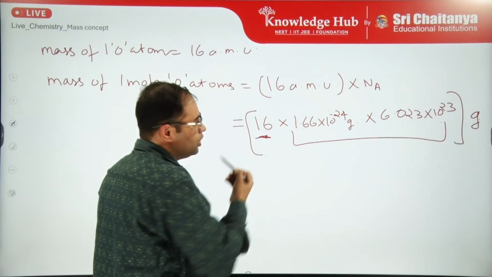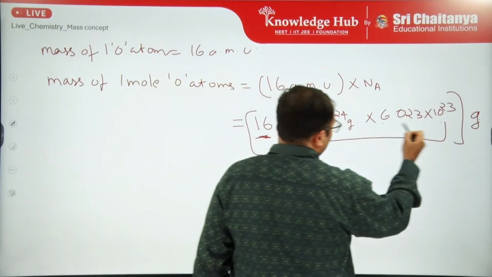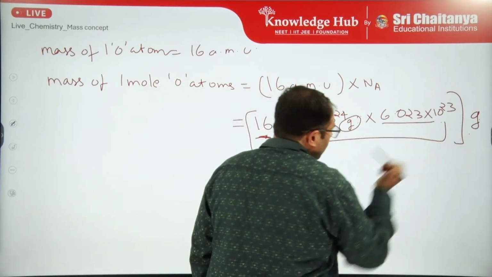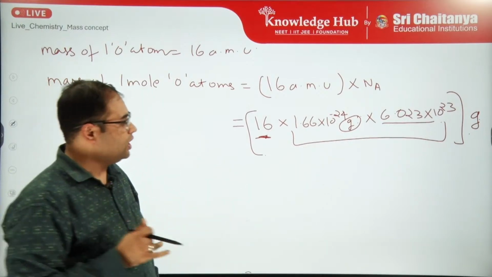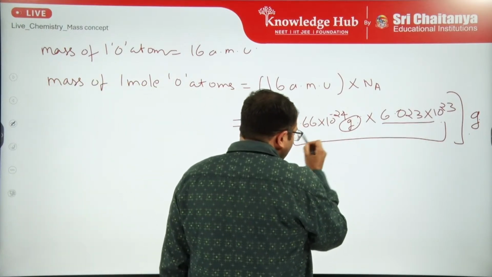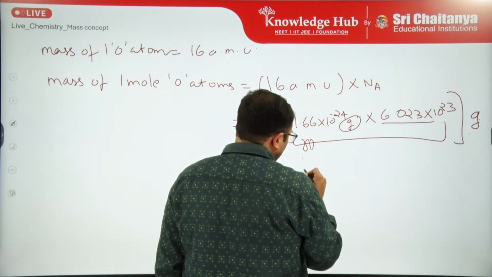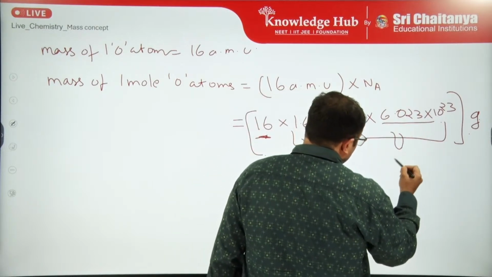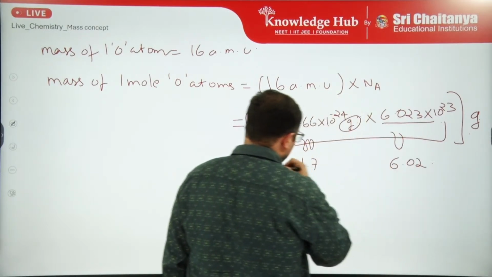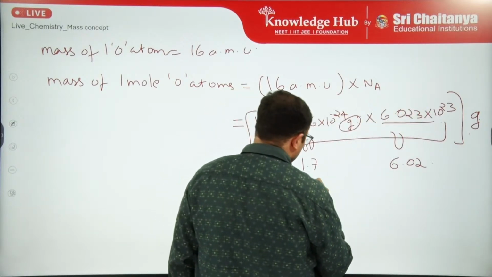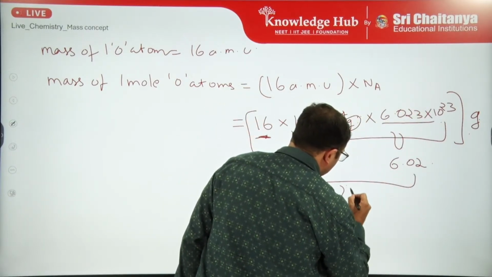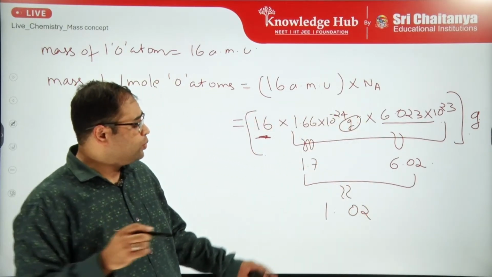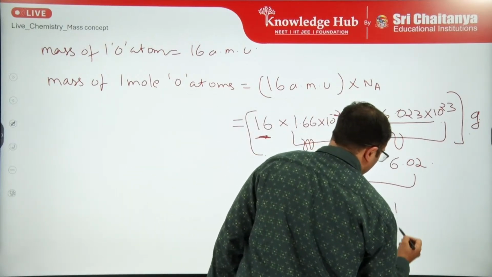This is a number which has no units. Only the unit is this gram. So this gram will come out, so that this complete answer will be in grams, correct? Now, if you multiply this, suppose you take it as approximately 1.7, and this you take as around 6.02, and you multiply everything, cancelling out the units, this value will approximately be equal to 1.02, which we can take approximately as 1.